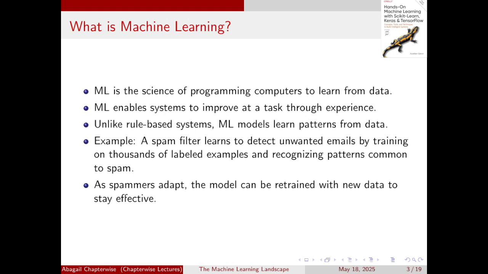For example, it might learn that certain phrases, email formats, or combinations of features are common in spam messages. Over time, and with enough examples, the filter becomes capable of recognizing spam even when the exact wording changes. It doesn't rely on a fixed set of rules. Instead, it adapts by learning from data. This ability to generalize from past examples to new, unseen messages is a core strength of machine learning.